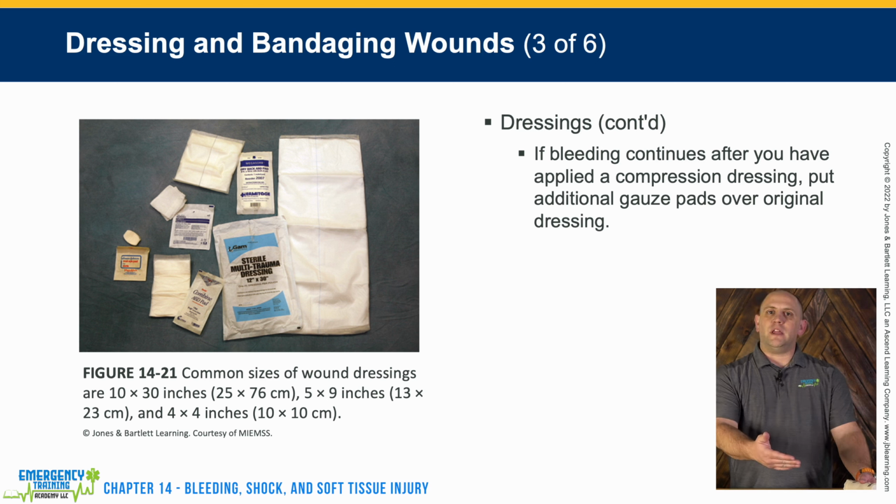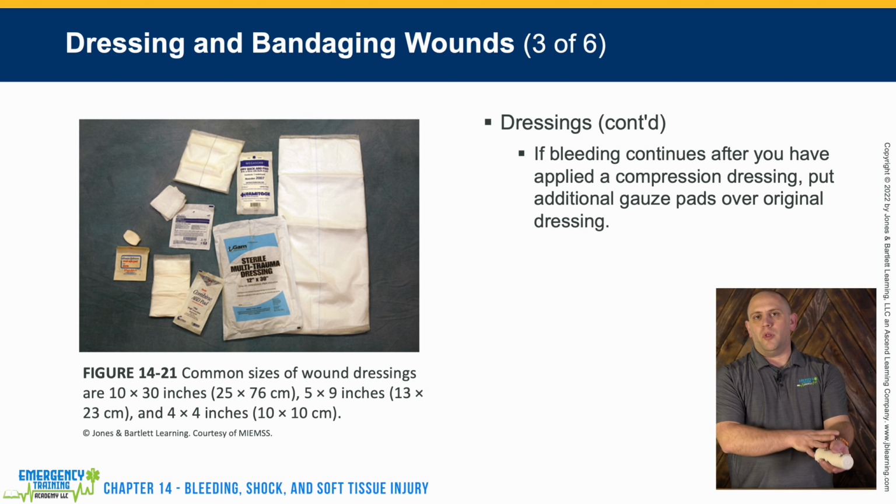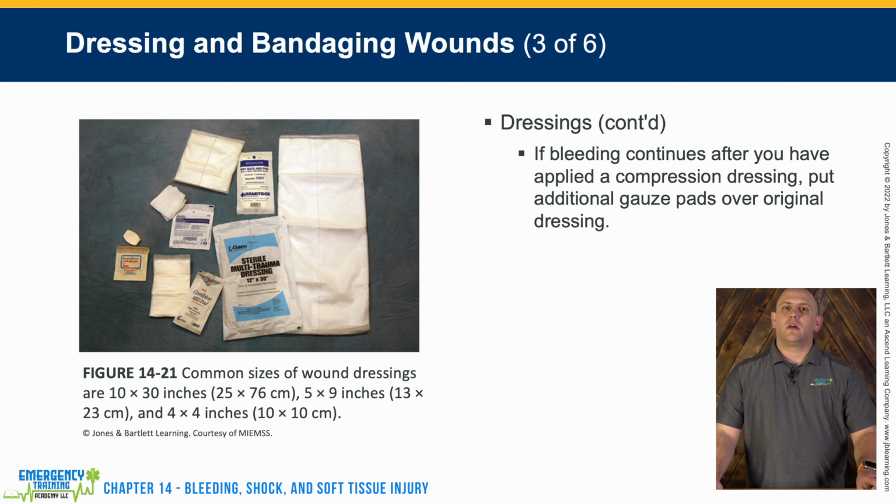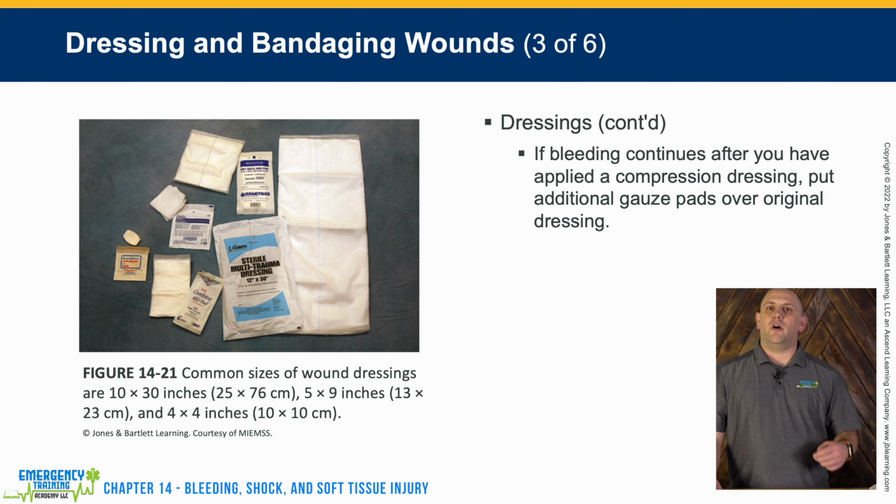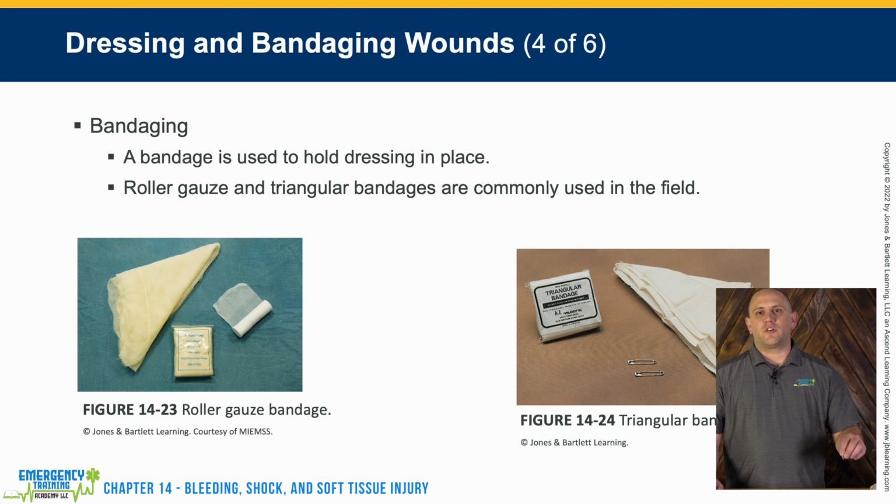So we may stop venous flow, but not arterial, and then we'll end up with blood pooling in that extremity, causing what's called compartment syndrome, and that is dangerous for our patients and their limbs. Once we have made sure that our wrapping is not too tight, that it's not cutting off circulation, that they still have good blood flow to their extremities, then we want to secure the bandage so that it doesn't slip and come loose.